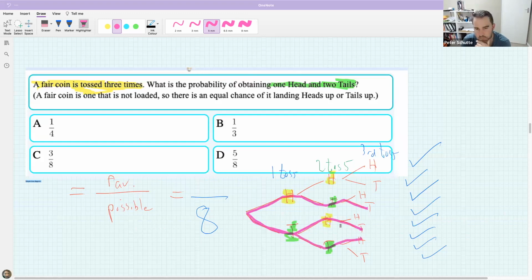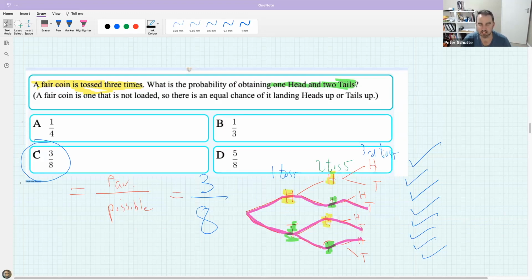So I've got 8 branches on the tree, but 3 of the branches are favorable for this question. So there's a 3 in 8 chance that if you toss a coin, you will get 2 tails and 1 heads, which is option C over here.